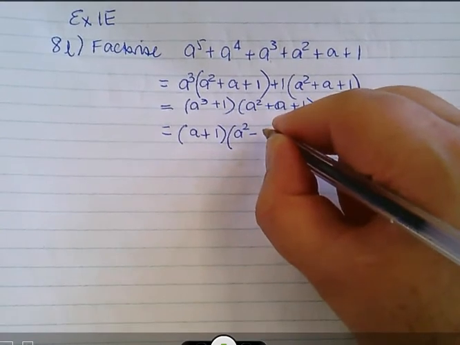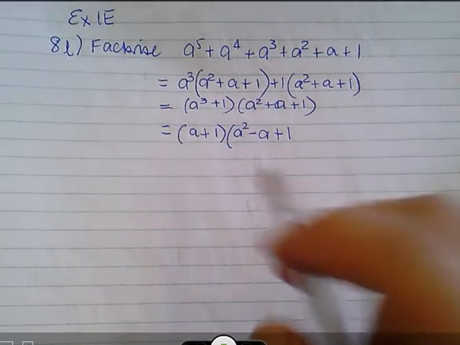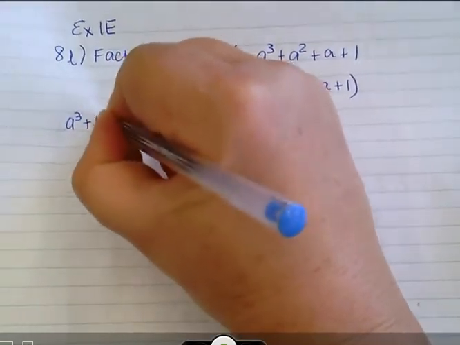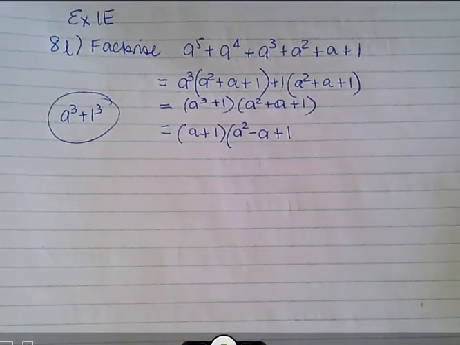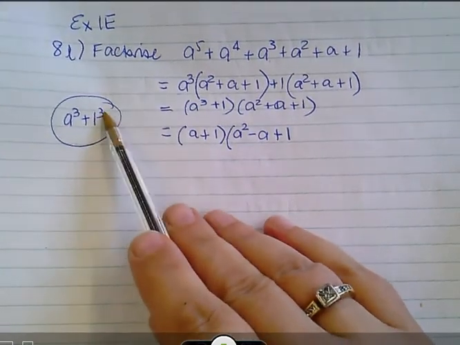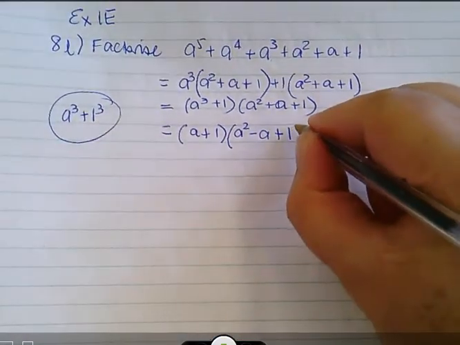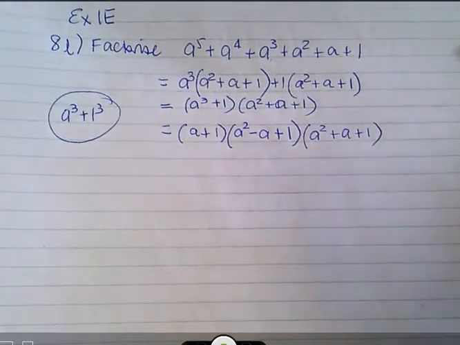Do you remember your cubic? Plus 1. Because this is a cubed plus 1 cubed. That's what we're looking at. So it's a plus 1, a squared minus that times that plus the last 1 squared. 1 squared is 1, a squared minus a plus 1.